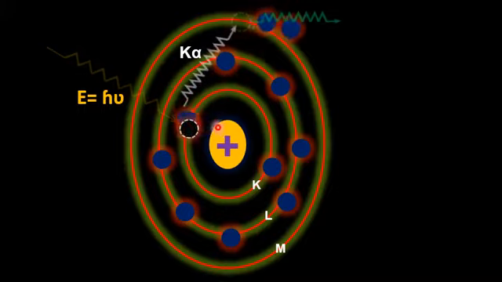Like sodium has 11 electrons, so the K shell or core shell electron will have a binding energy, but this will be less than for any element which has a higher atomic number. Like tungsten, it has a higher atomic number than sodium, so it will have more protons and more electrons.